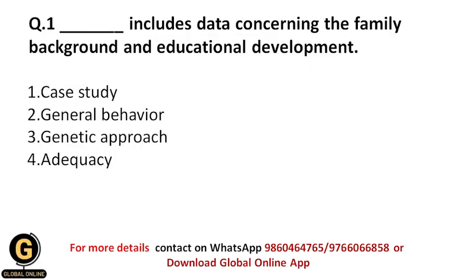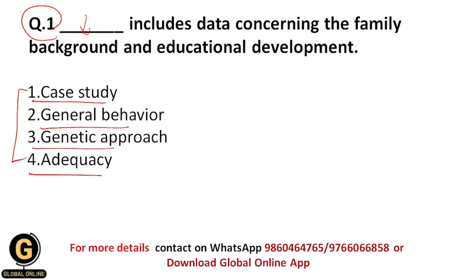So let us start with today's session now. Question 1 is, dash includes data concerning the family background and educational development. So from these options, which is the data collection method which includes data relevant to the family background and educational development? We have different options: case study, general behavior, genetic approach, and adequacy.